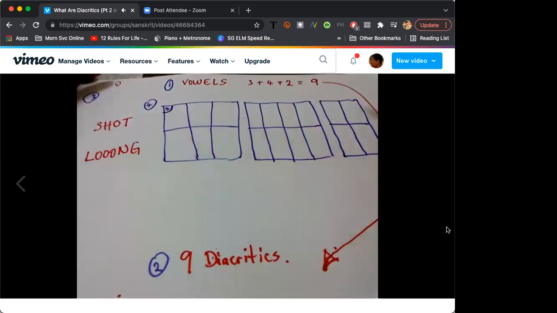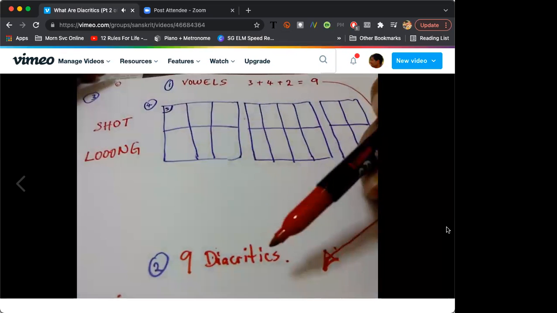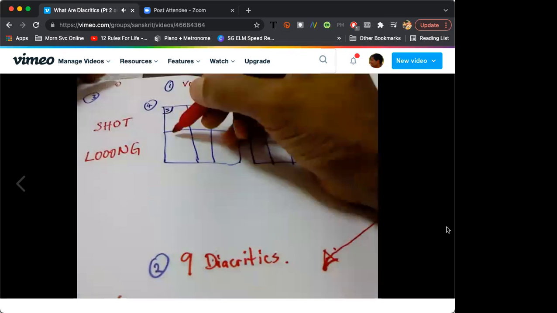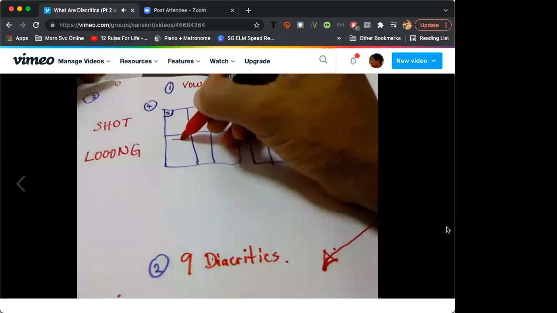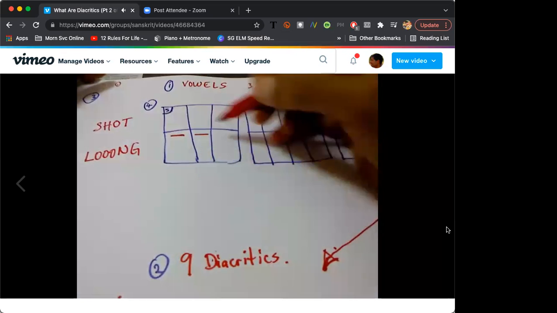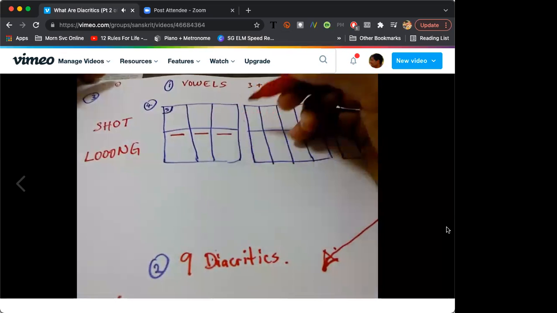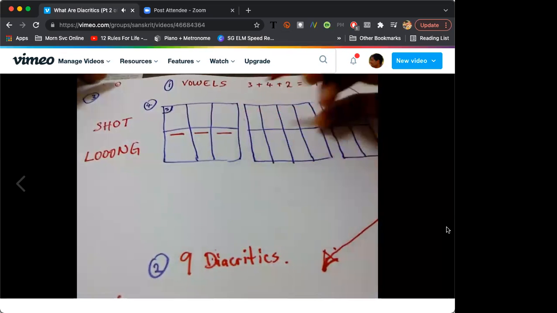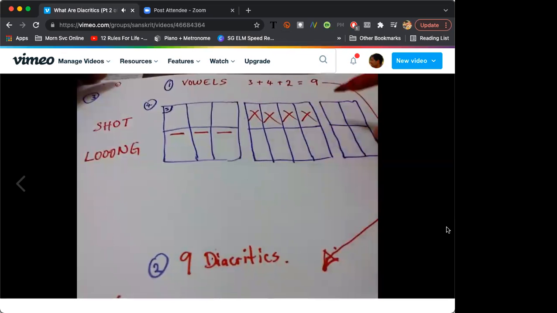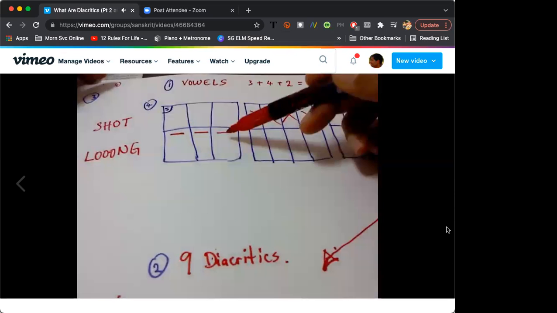There are altogether 9 diacritics. So it'll be 9. Count with me. Diacritics 1, it's a long line above a letter. 2, another long line above a letter. 3, another long line above the letter. Then these 4 boxes are blank, blank, blank, blank. Then 1, 2, 3 diacritic marks.